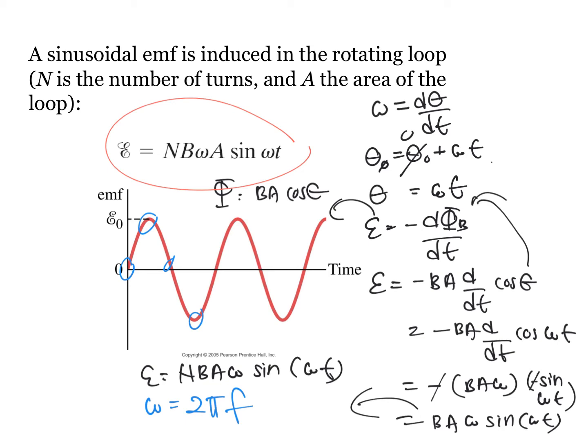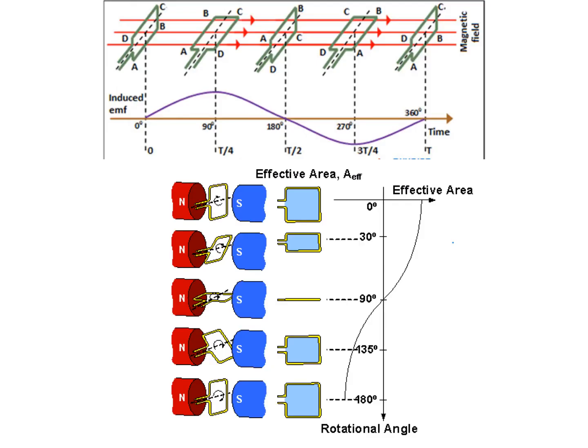Let's move to the next one, how we get maximum or minimum, because this is very important for you to understand. Basically at the first part, the loop is going to be in this direction.